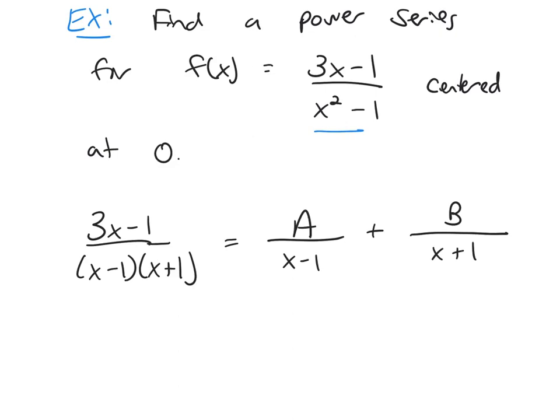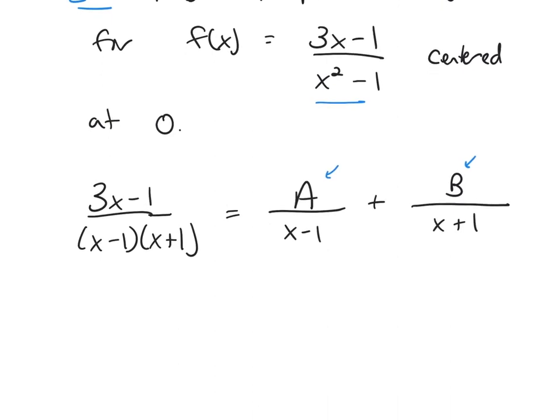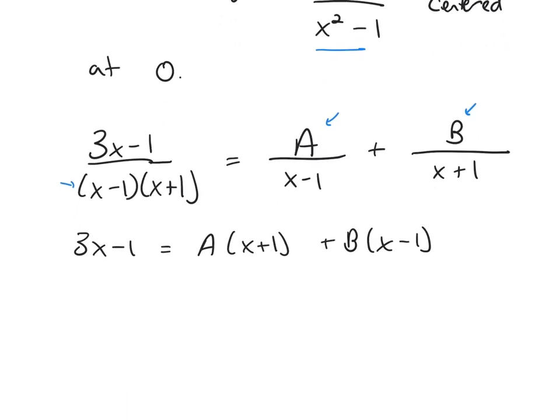And now you need to solve for these coefficients, this A and this B. So I multiply everything by this denominator, just like we did back when we did partial fractions. And then we can plug in values of x and solve for A and B. What should I plug in for x? Maybe let's let x equal 1.